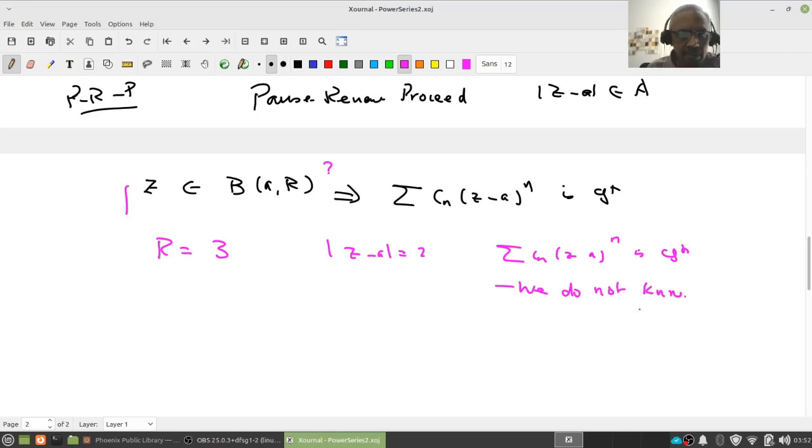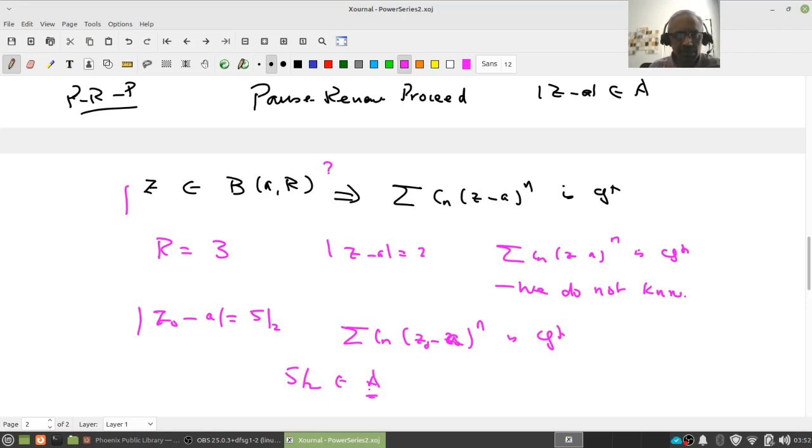Because there might have been some other z naught so that mod z naught minus a equals pi by 2, and this series summation Cn z naught minus a to the power n is convergent. Therefore, pi by 2 appears in the set A. Are you following? So just because mod z minus a is less than R, we cannot conclude the corresponding power series is convergent. Keep that in mind.